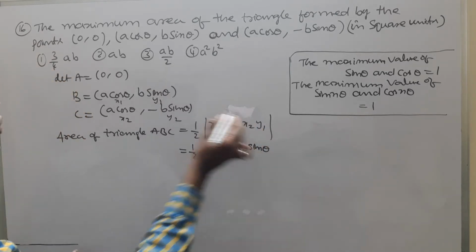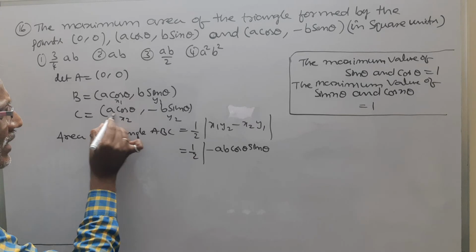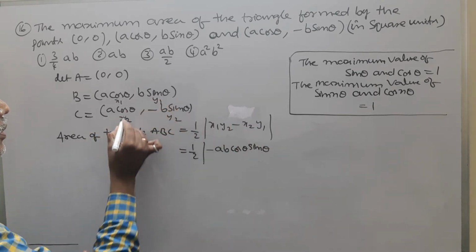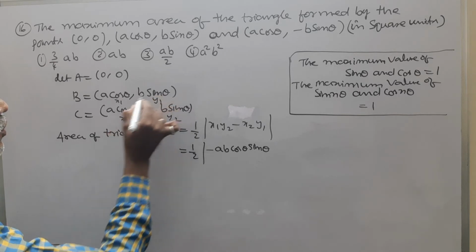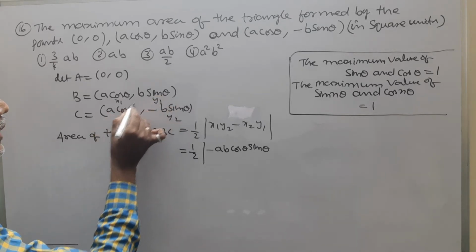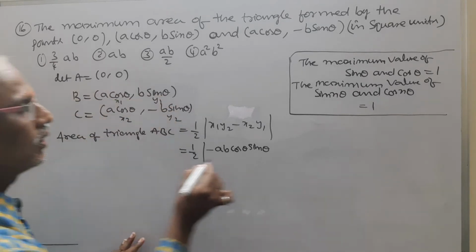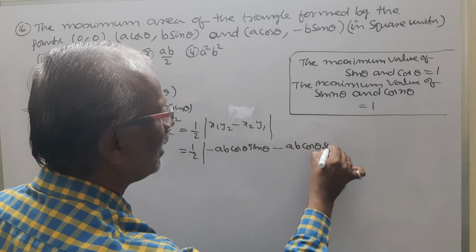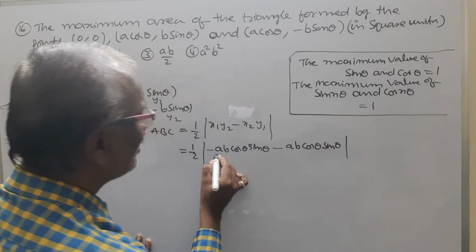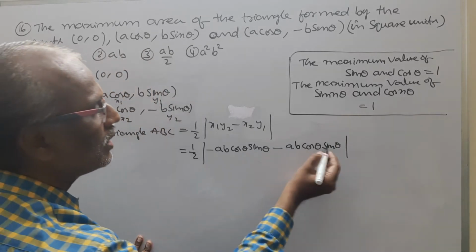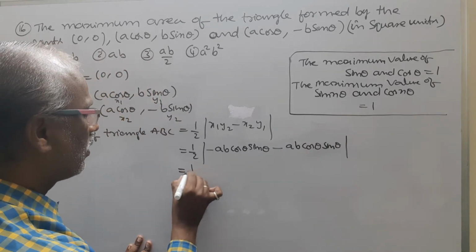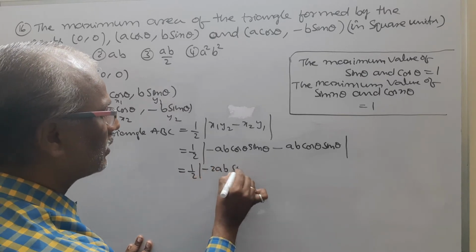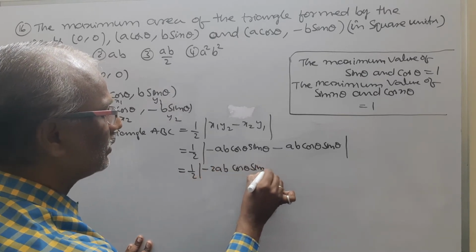Next x2 y1: here x2 is a cos theta, y1 is b sin theta. Multiply x2 y1: ab cos theta sin theta. So minus ab cos theta sin theta minus ab cos theta sin theta, minus 2ab cos theta sin theta.